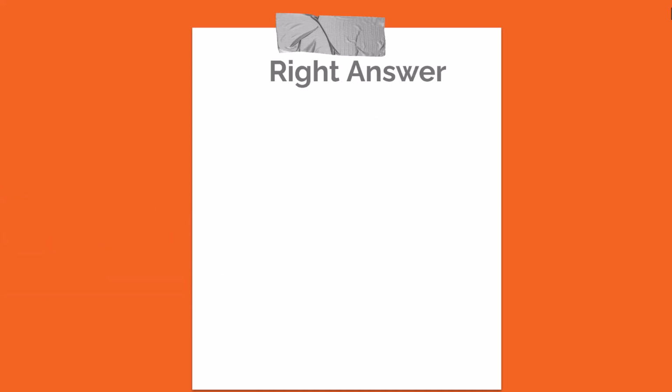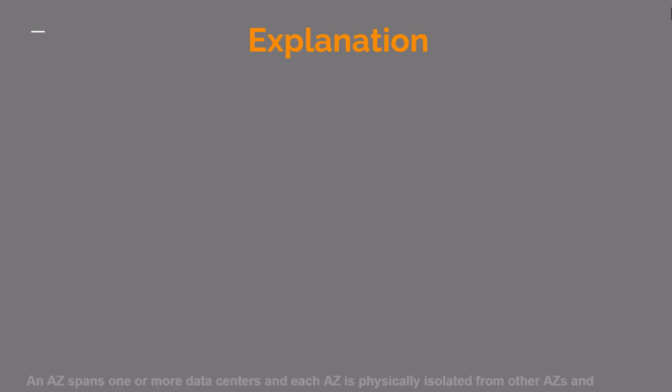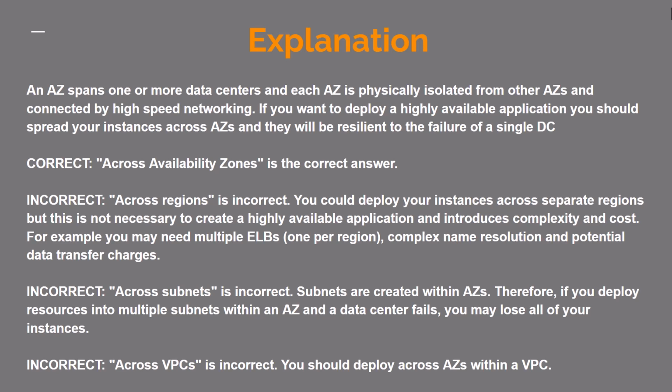And the correct answer is option 3, across availability zones. An AZ spans one or more data centers, and each AZ is physically isolated from other AZs and connected by high-speed networking. If you want to deploy a highly available application, you should spread your instances across AZs and they will be resilient to the failure of a single DC.